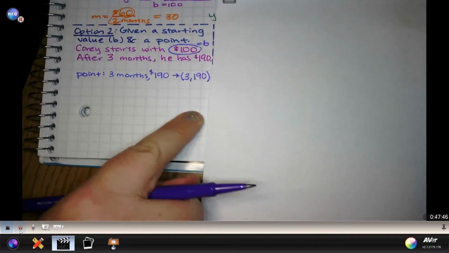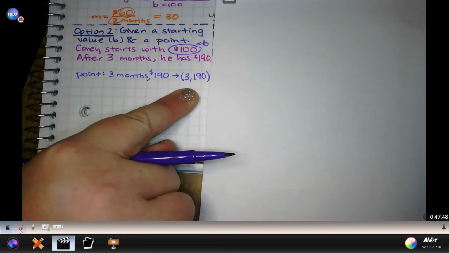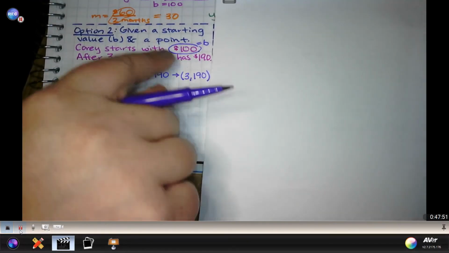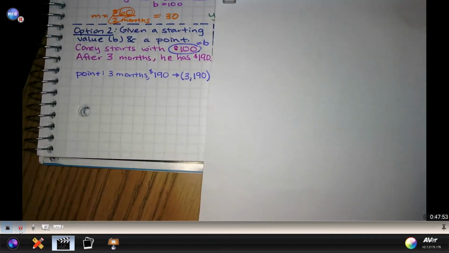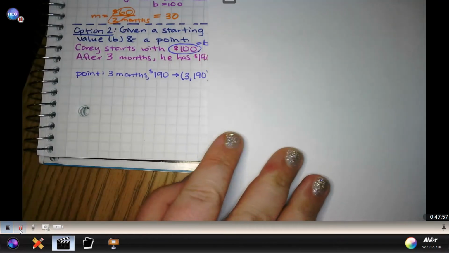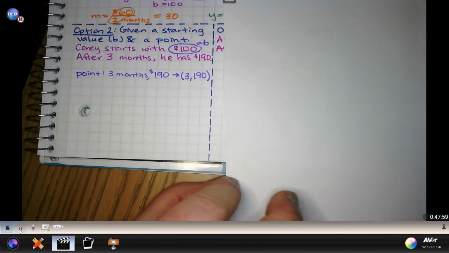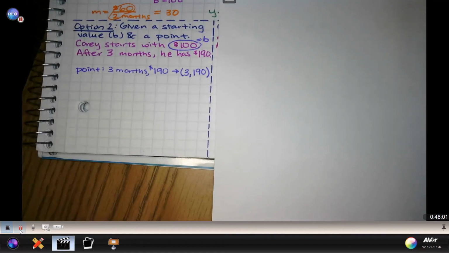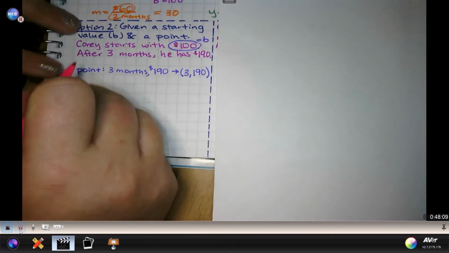Okay, so that gives me a coordinate point. Once I have this and a coordinate point, I can plug all of those into the equation. You plug in what you know and use that to find your missing value. So then let's get a color. Well, hot pink is fine with me.